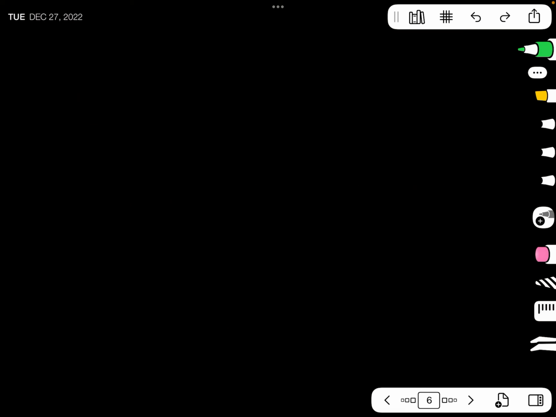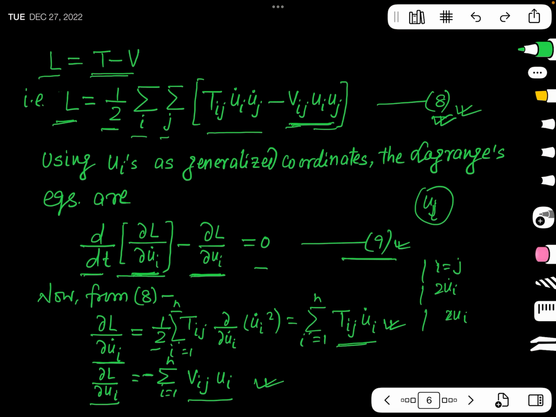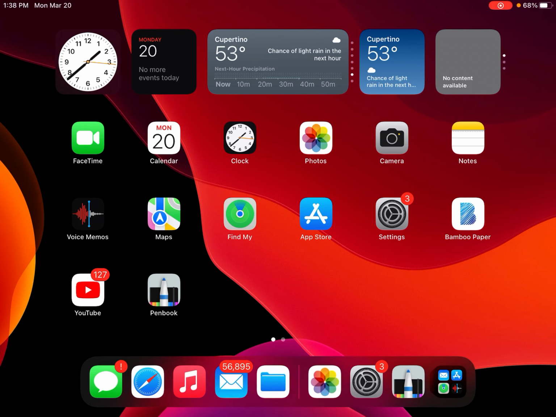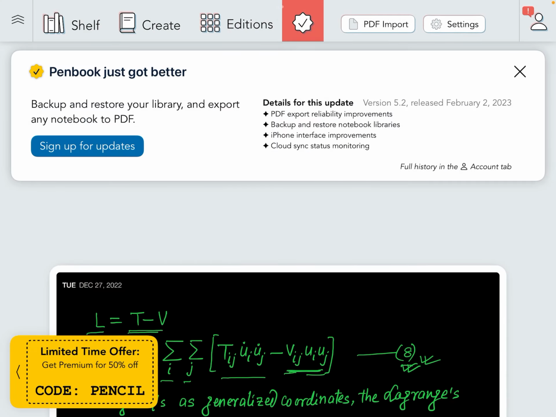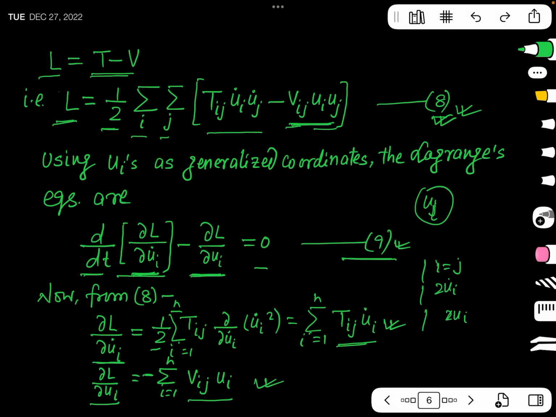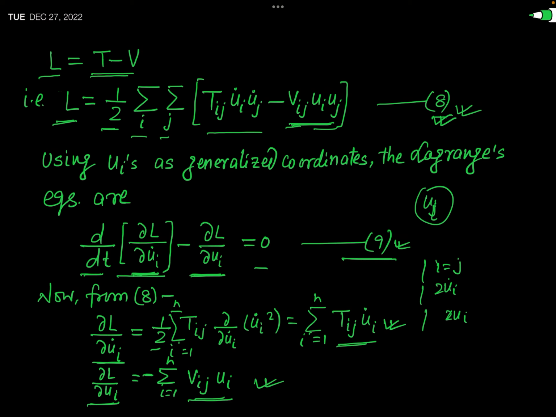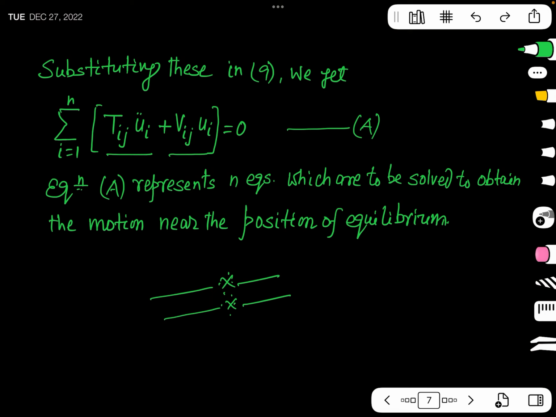Why plus? Because in this Lagrange equation the second term is negative, but the value of the second partial derivative is already negative, so minus and minus will become plus. Our result is summation i from 1 to n of Tij ui double dot plus Vij ui equal to 0.